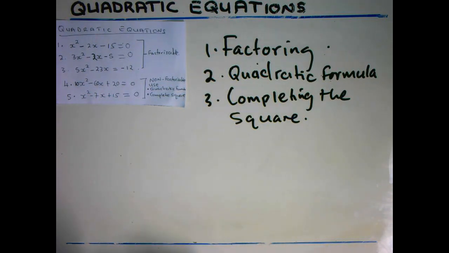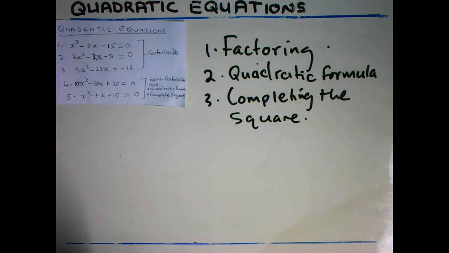Now, I want to be clear from the onset. You need to understand each of these methods simply because sometimes you are required to use a specific method. If you are given a quadratic equation, you will be told, use the quadratic formula to find the zeros.